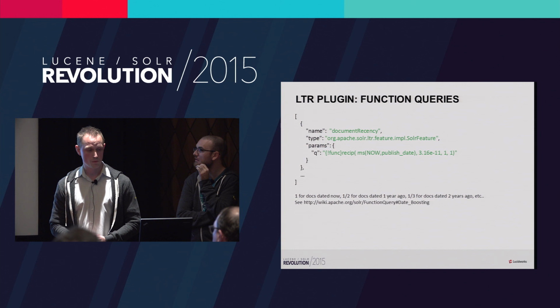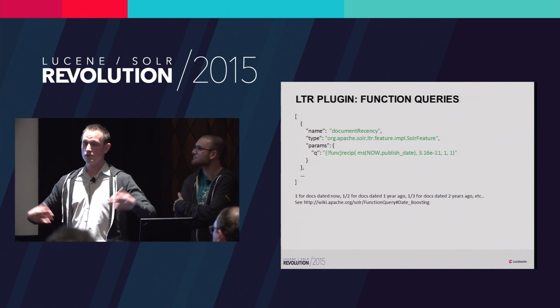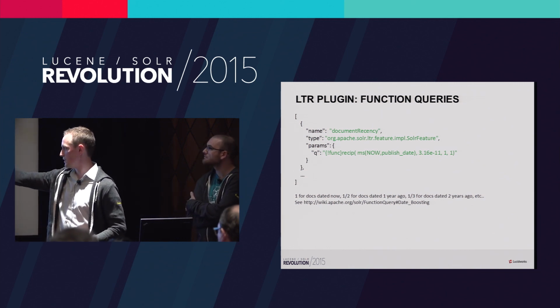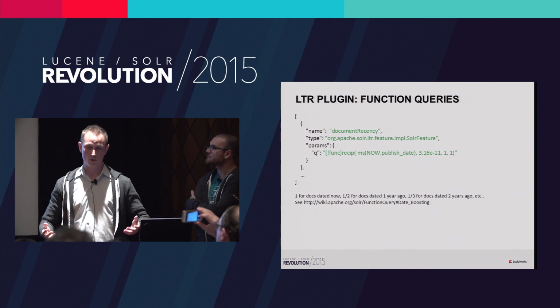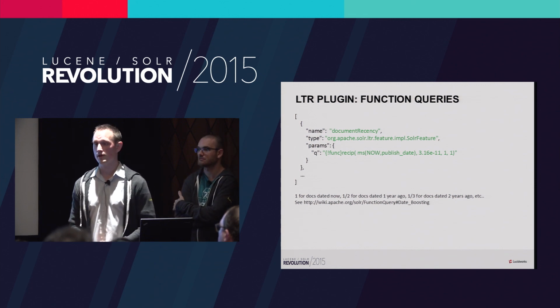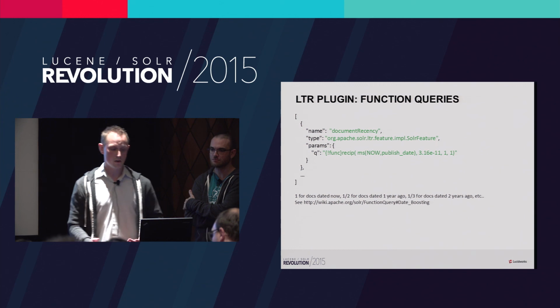So let's say in this next one, you wanted to use a function query that takes into account the publishing date of a document. This is the equation that's given in the date boosting documentation on Solr. So this says if the document was published now, you get a value of 1. If it was published a year ago, you get a value of 0.5. And it just decreases over time. So you can use that also as a feature.